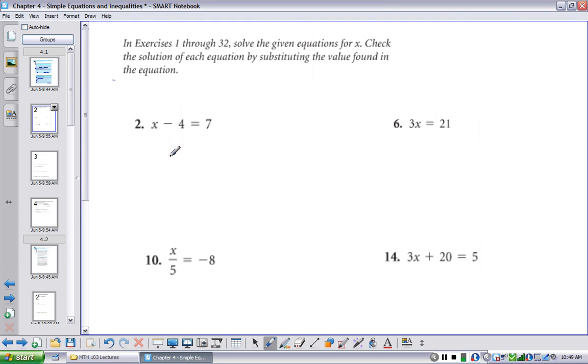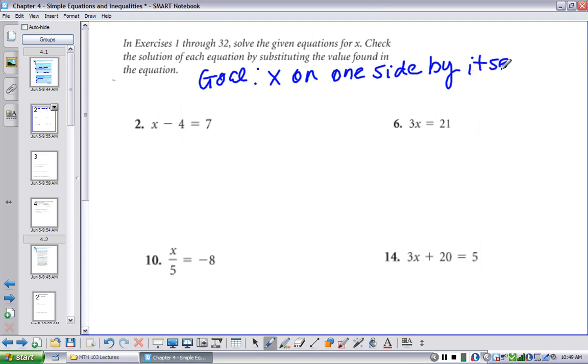Now, remember, our goal is to get x on one side of the equal sign by itself.